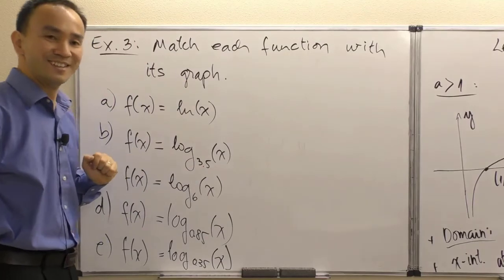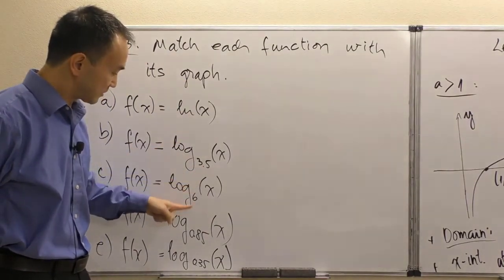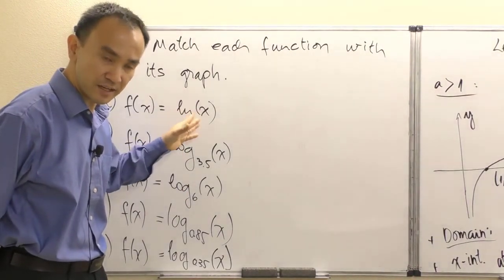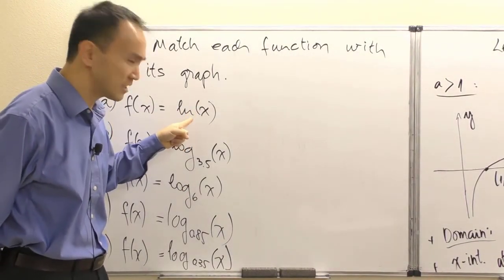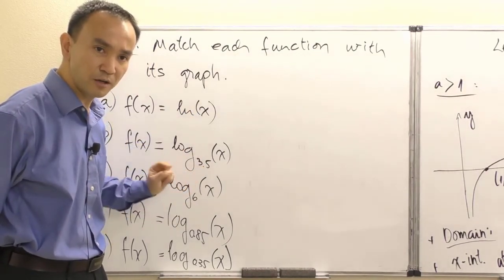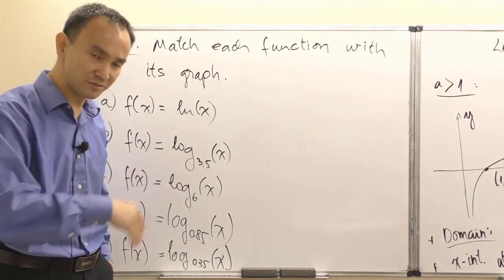That's the key. And among these three bases, the one that has the least bend has to be this one, because base E is smaller than base 3.5 and base 3.5 is smaller than base 6. That's the information that we can trace down.